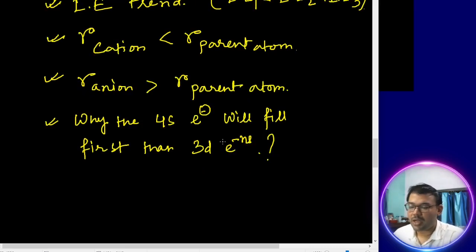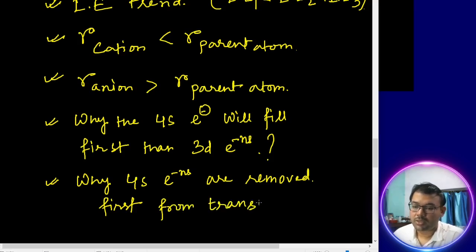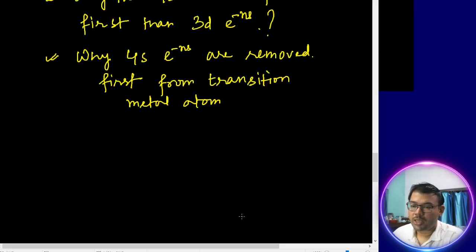Next we can understand why 4s electrons are removed first from a transition metal atom to become di-positive.